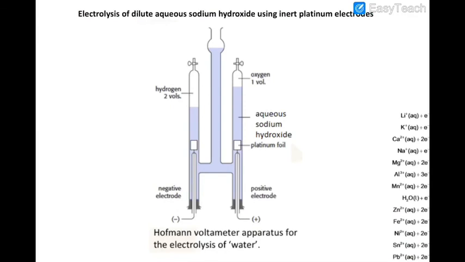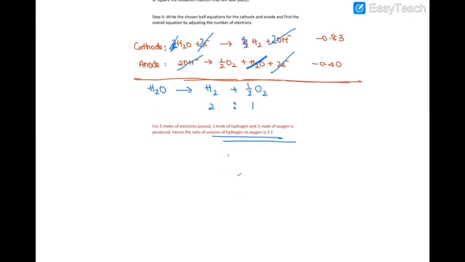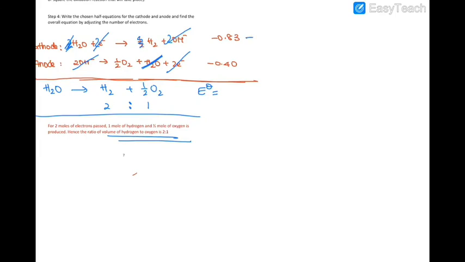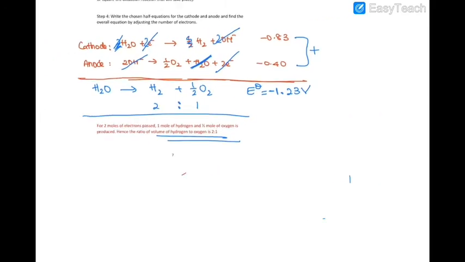So you have 2 volumes of hydrogen and 1 volume of oxygen, which is shown in the overall equation. The overall electrode potential is just adding these 2 up, and that gives you negative 1.23 volts. And if you look at the overall equation, this is basically the electrolysis of water.